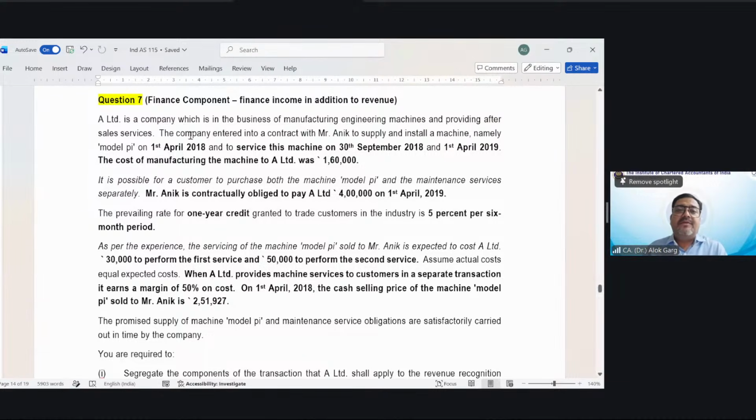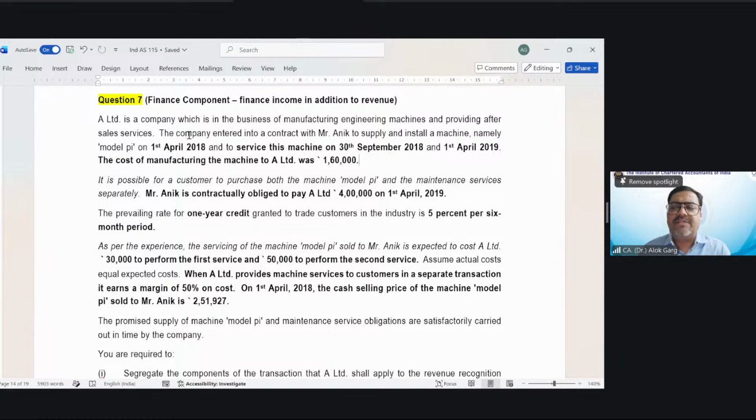The company entered into a contract with Mr. Anik to supply and install a machine, namely Model Pi, on 1st April 2018 and to service this machine on 30th September 2018 and 1st April 2019. The cost of manufacturing the machine to A Limited was 1,60,000.